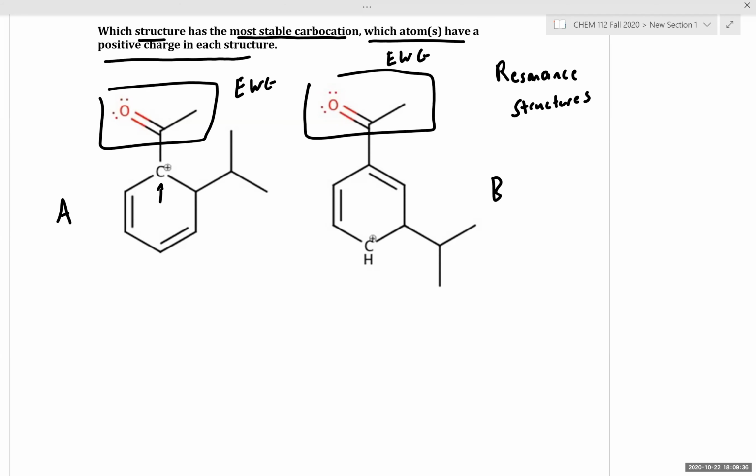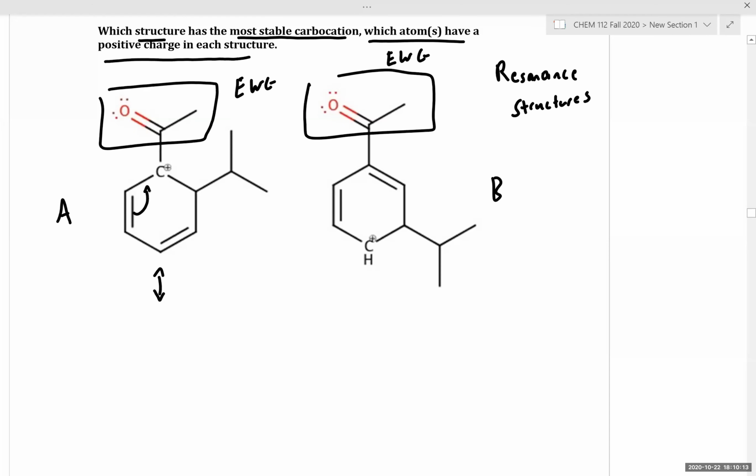And a good place to start for this problem is to start drawing out some resonance structures for each of these two molecules. So I can start us off, give us a small push to get us started.